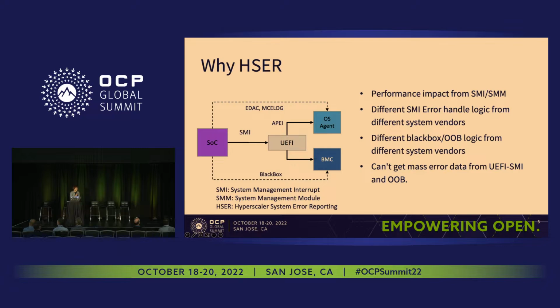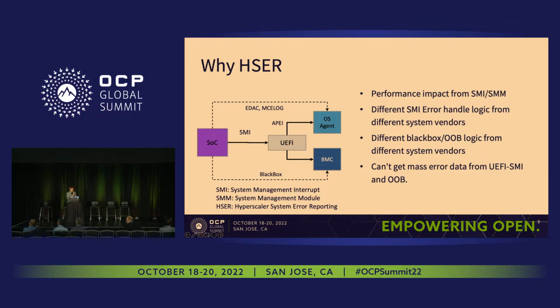First of all, let's talk about the current error reporting systems in the industry and have a brief understanding of the background. As we can see from the diagram, there are three ways to report SOC errors. The first one, which is the most popular, is using BIOS or UEFI to enter system management mode to collect data from the error domain and analyze it, and then report errors to the BMC or OS for further analysis.